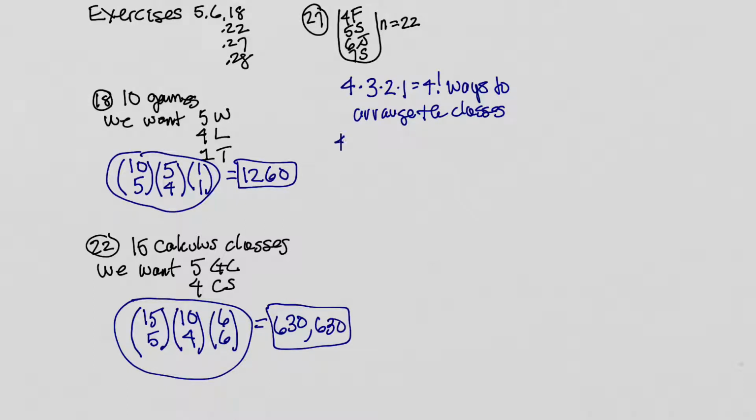So let's write our 4 factorial, and then what we'll have is, once we have the class, how many ways can we arrange the students in that class? Well, since multiplication is commutative, it doesn't matter what order we put these in, but there's 4 freshmen, 4 factorial ways to make those arrangements, 5 sophomores, 5 factorial ways to arrange those students, 6 juniors, 6 factorial ways, and then 7 seniors, 7 factorial ways.